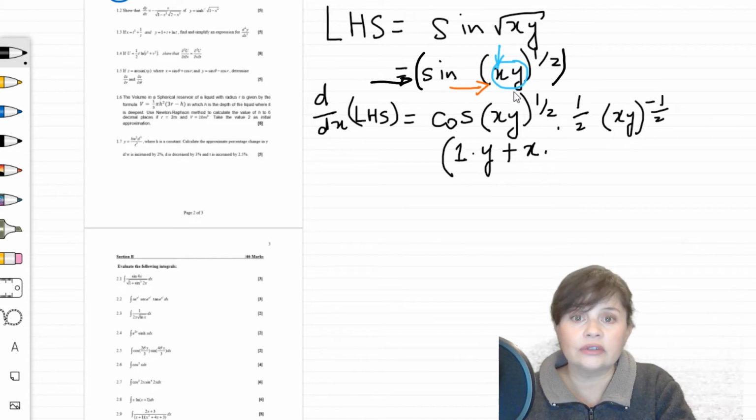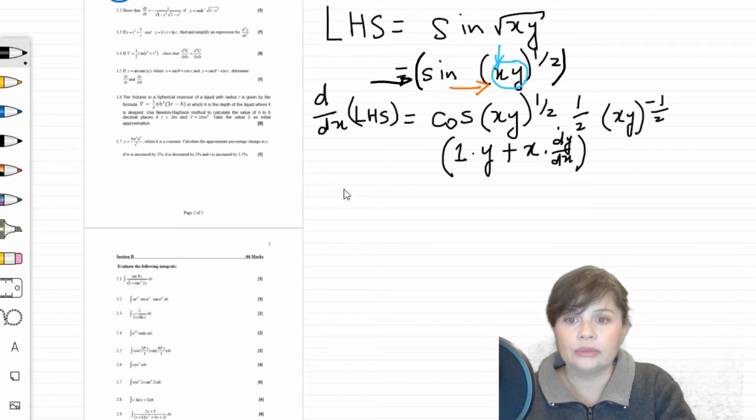Now the derivative of y, remember, y itself is dependent on x. So that is implicit differentiation. So the derivative of y is going to be 1 times your derivative here, because it's implicit.